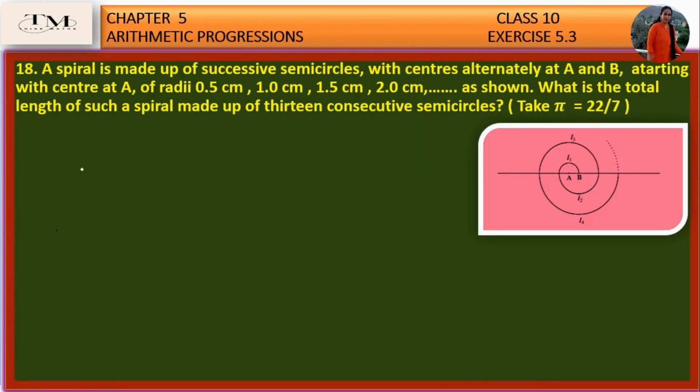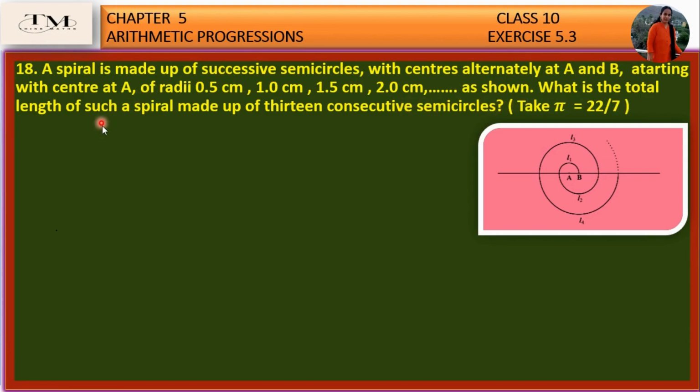So moving on to the 18th problem. A spiral is made up of successive semicircles with centers alternately at A and B, starting with center at A, of radii 0.5 centimeter, 1 centimeter, 1.5 centimeter, 2 centimeter as shown.